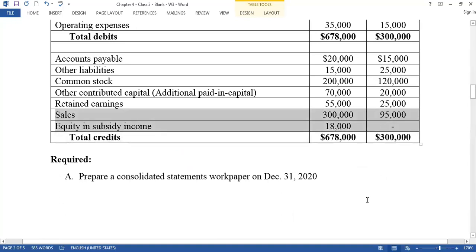These are the revenues. Sales, $300,000 for the parent company. Subsidiary company is $95,000, and equity income is $18,000. This equity income came from the subsidiary. So I copy and paste here.